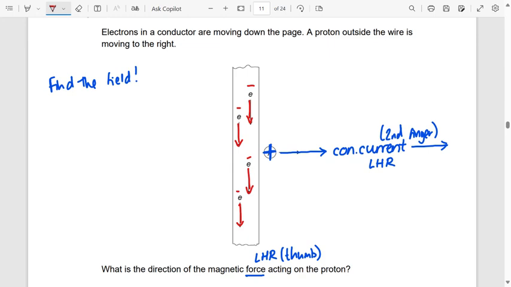So right-hand rule, the thumb is the conventional current. If the electrons are going negative to positive, my conventional current is going up the page, and that is my thumb.